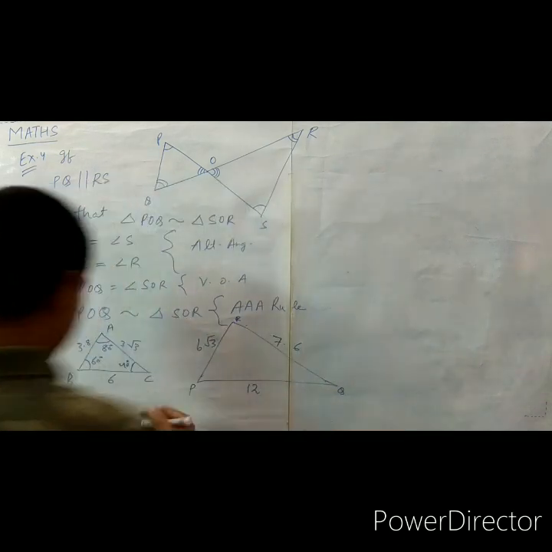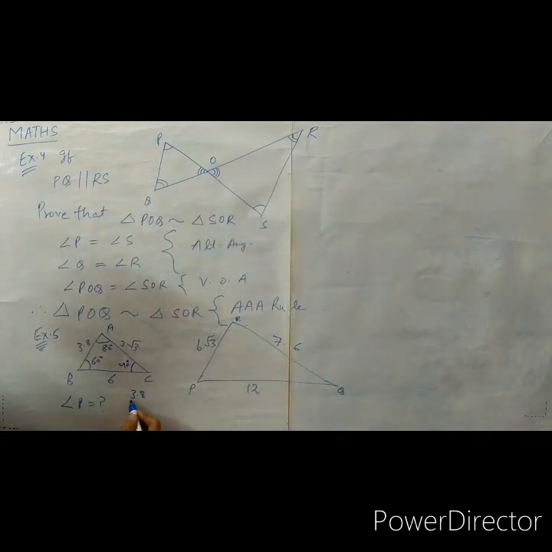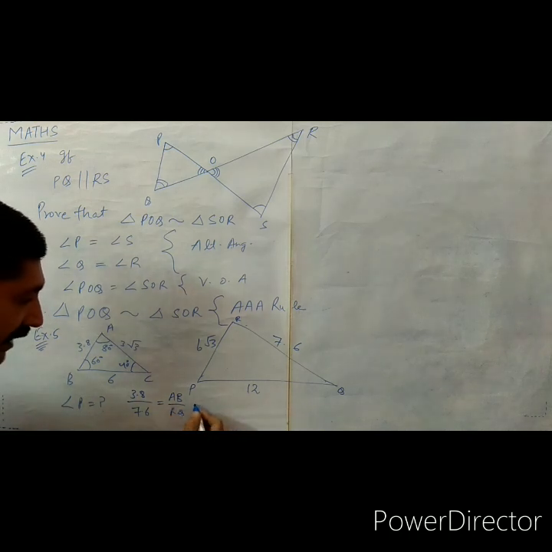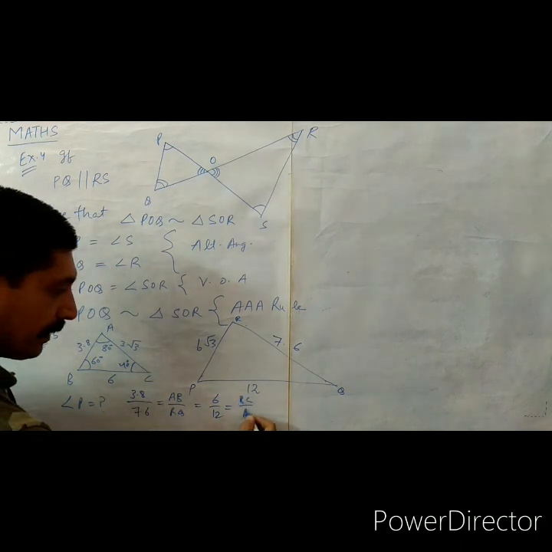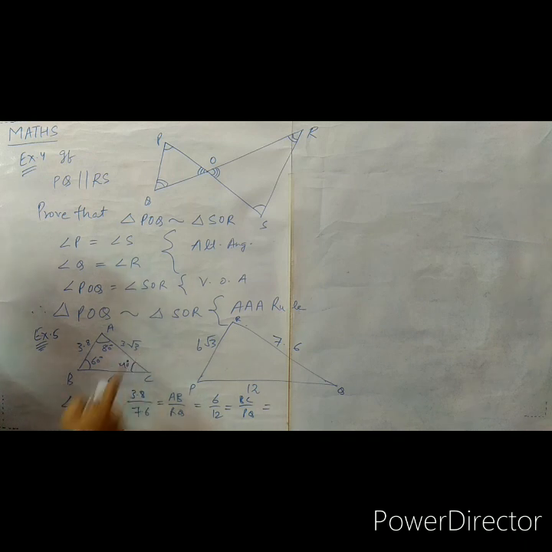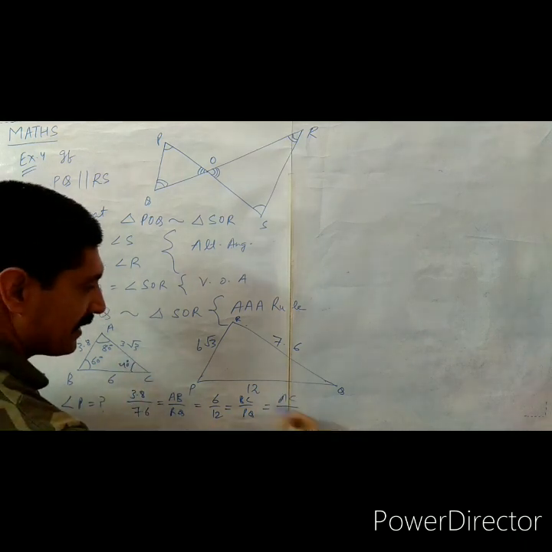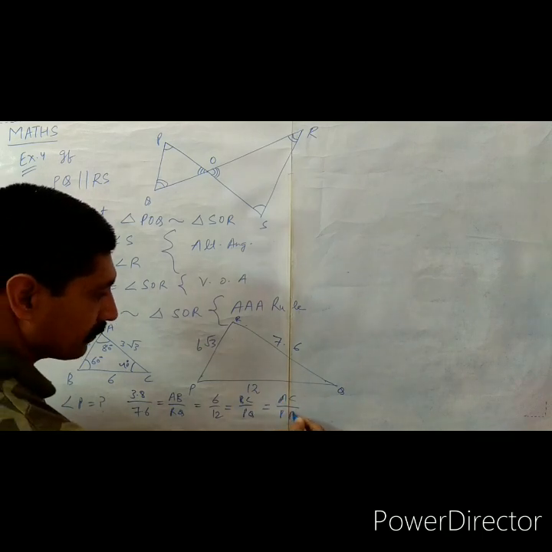We can write that 3.8 upon 7.6, that is AB upon PR, is equal to 1 by 2, which equals 6 by 12, again equal to BC upon PQ, and the third side AC with PR.